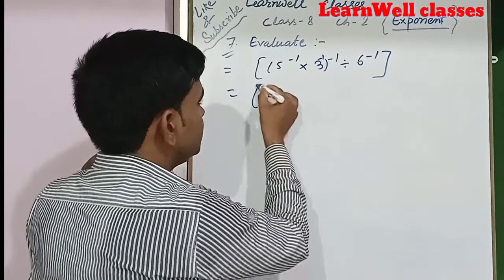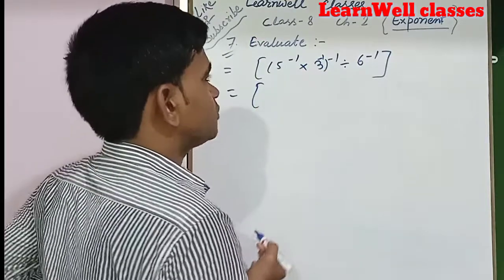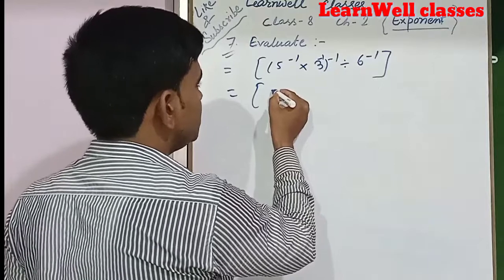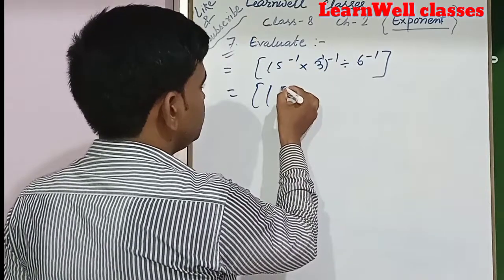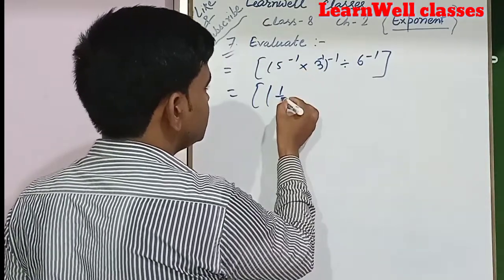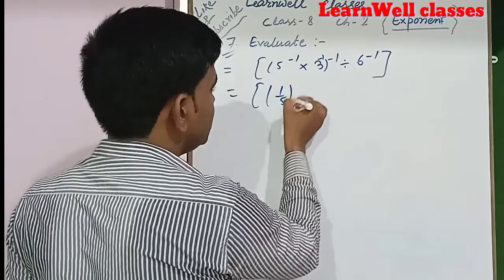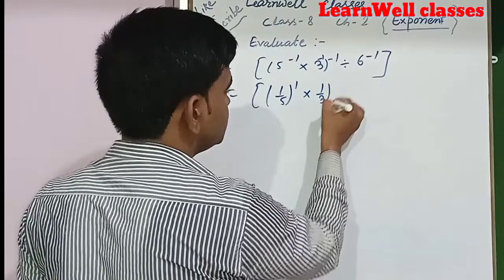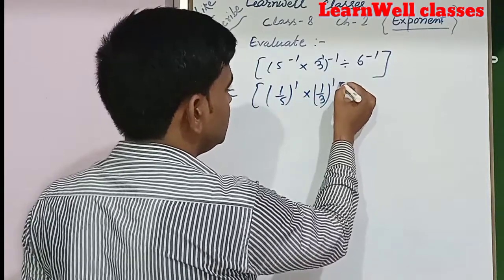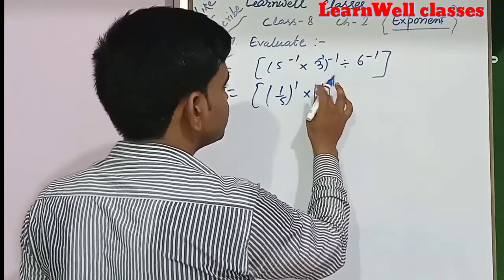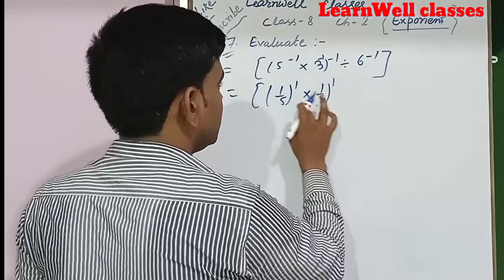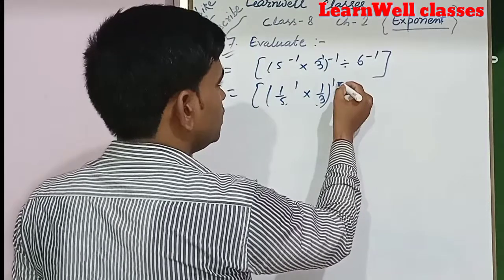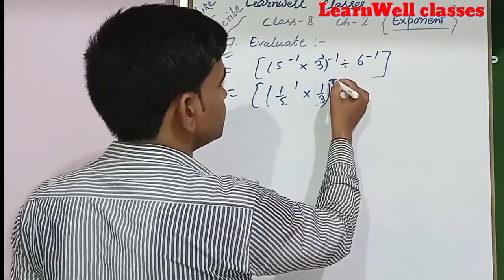When the exponent is in minus form, it will be reversed: 1 upon 5 raised to the power 1 into 1 upon 3 raised to the power 1, and whole raised to the power minus 1.